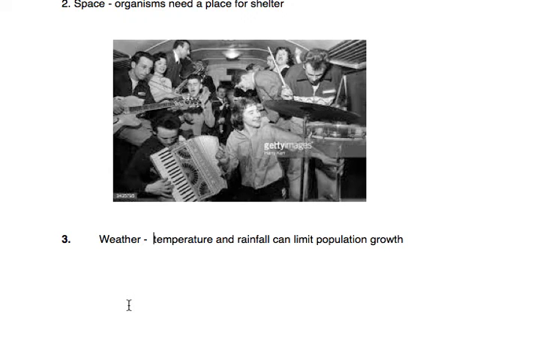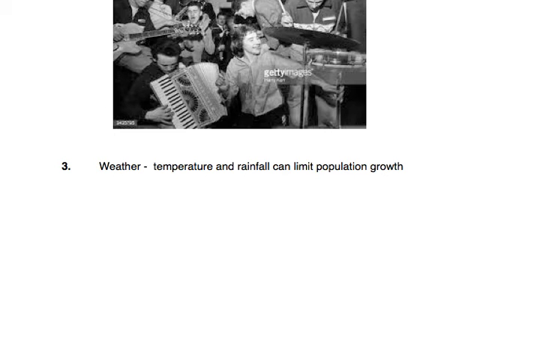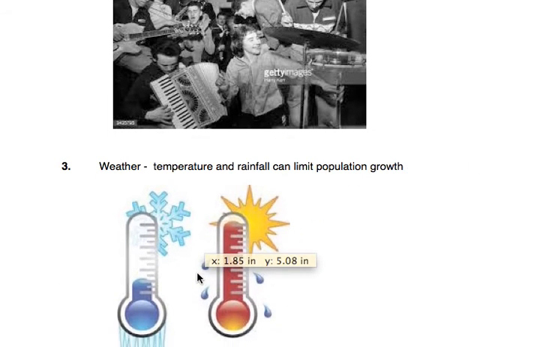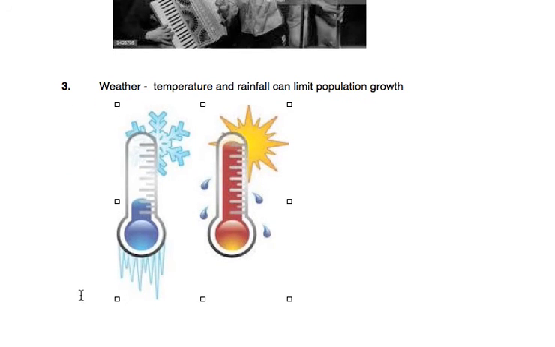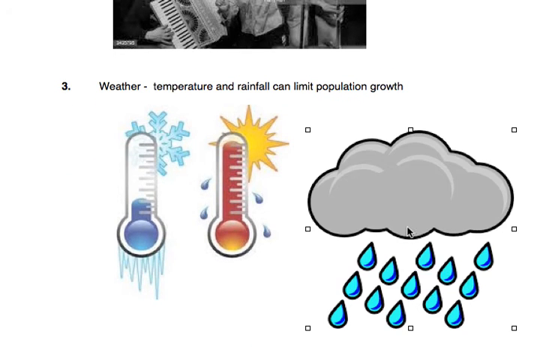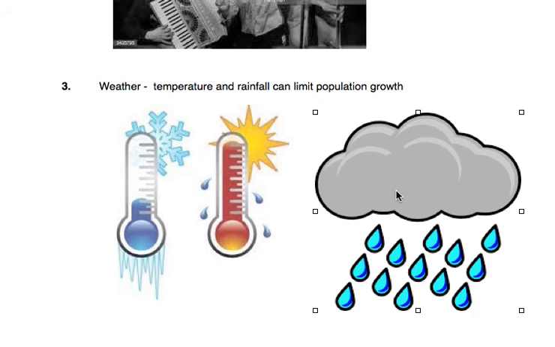There are certain populations that can't survive with those temperatures and with the amount of precipitation that goes on there. So temperature is going to affect whether or not populations can live in a certain area, and the amount of rainfall is also going to determine whether or not certain populations can live in an area.